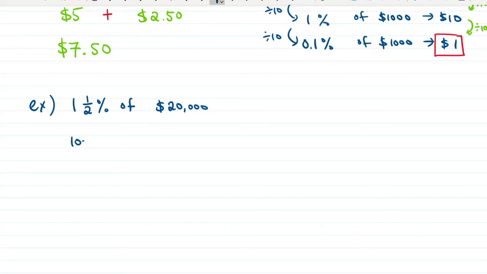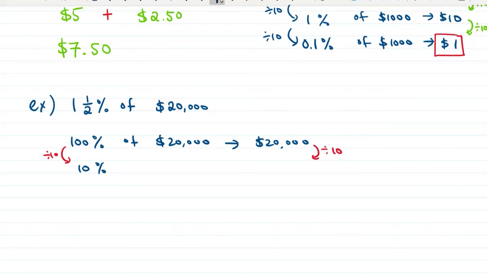So 100% of $20,000 is $20,000. Divided by 10, it'll be 10%, which is $2,000.